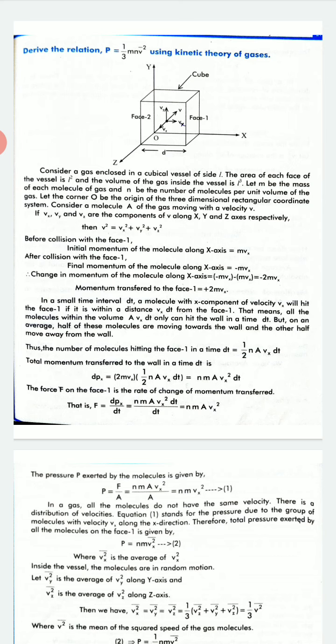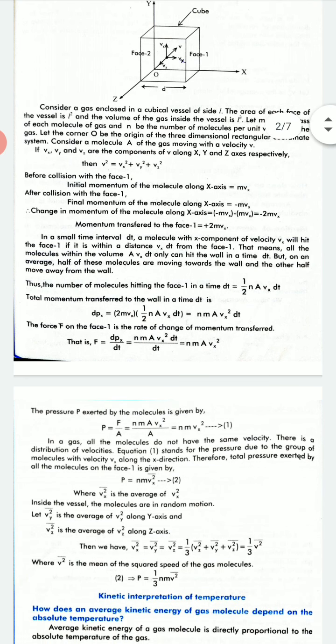So the change in momentum is minus 2mVx. Then the momentum transferred to face 1 is plus 2mVx. It is exactly opposite, that is plus 2mVx.